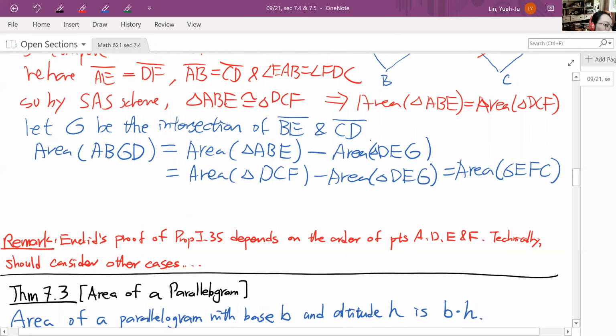So the area of the parallelogram that we want is this area we just did.